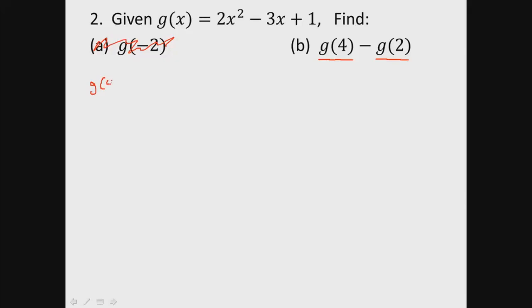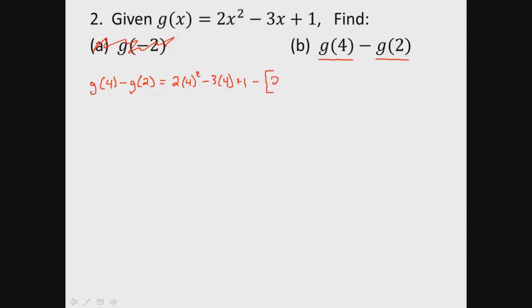g of 4 minus g of 2 is equal to, now g of 4 is going to be 2 times 4 squared minus 3 times 4 plus 1. That's g of 4. But now I have to minus g of 2.